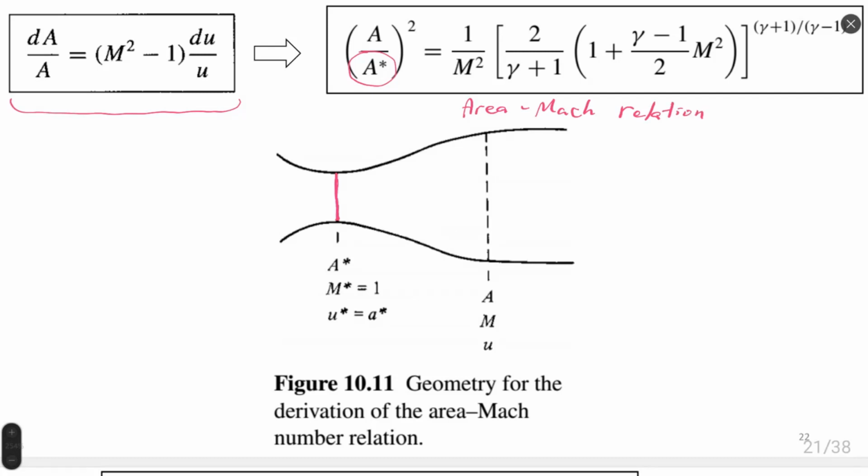So if you see one day in the book something written about area Mach relation, this is exactly this equation you can see on the screen. What does it relate? It relates the reference area, the throat area, to any other arbitrary area in the nozzle. For example, A, the area in an arbitrary cross section presented on figure 11.